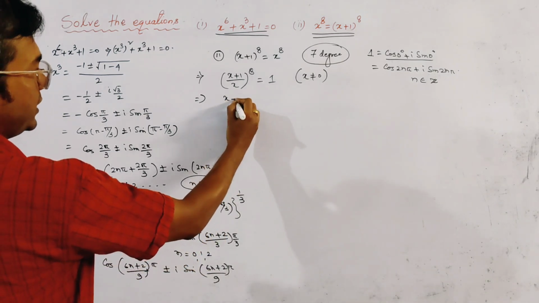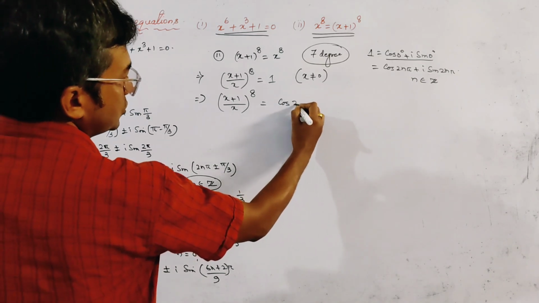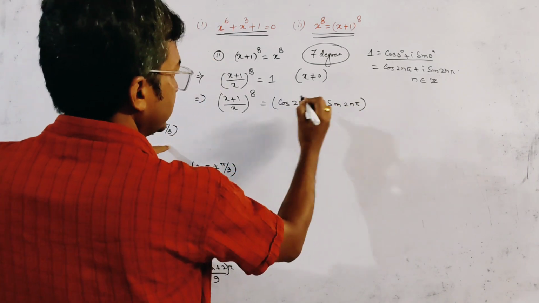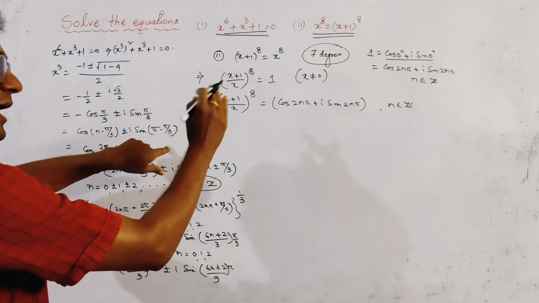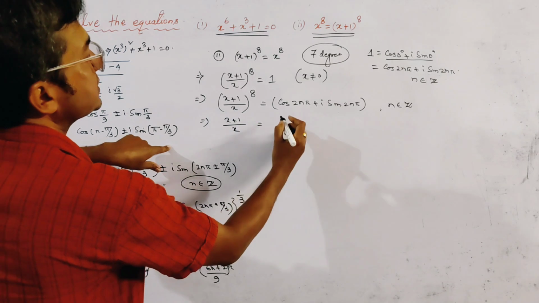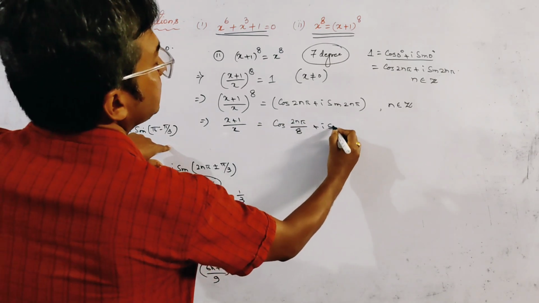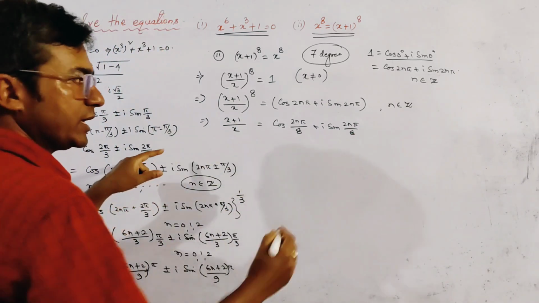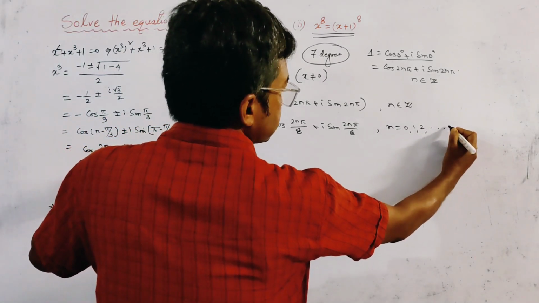So we write (x + 1/x)^8 = cos 2nπ + i sin 2nπ, where n belongs to Z. Okay, now taking 1/8 power on both sides, we get x + 1/x = cos 2nπ/8 + i sin 2nπ/8. We directly use de Moivre's theorem here, and n = 0, 1, 2 to 7.